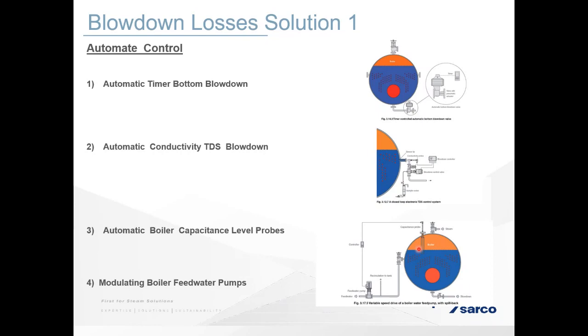If you have on-off control, you tend to work in what we call a window. So you have a high level and a low level. The boiler doesn't fire until it reaches the low level, and it doesn't turn off until it reaches the high level, which means it's added a large amount of water. When you've got modulating control, because you're maintaining a particular level, which normally is plus or minus 1% depending on the manufacturer of the probes, you add less water.